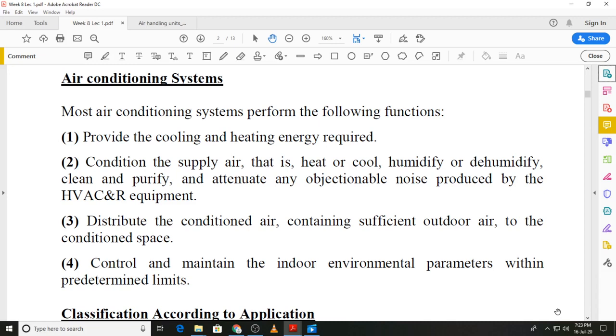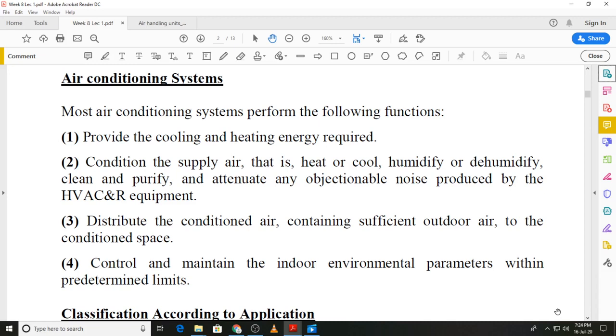That means if there are any airborne particles or contaminants in the air, they have to be removed before it is supplied to the conditioned space. And even the noise levels which result due to the operation of the air conditioning equipment has to be monitored according to our requirement.